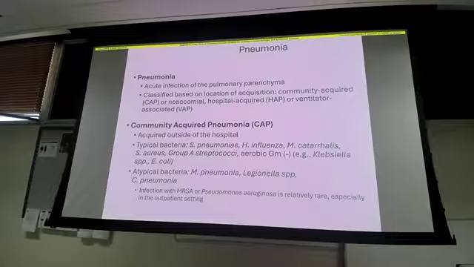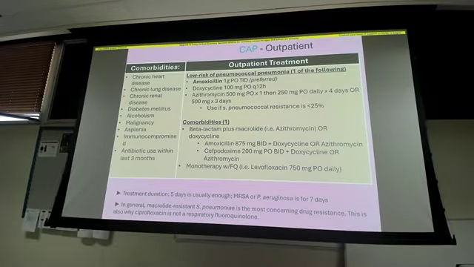They're probably carrying our bigger, more resistant bugs. So sometimes if we see a HAP or a VAP, we'll go ahead and try to treat them for Pseudomonas and MRSA as well. So that's one of the things you'll see whenever we're looking at our algorithm.